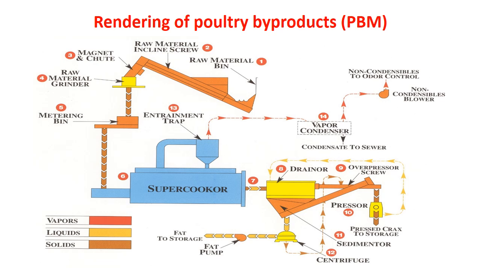So in this diagram we can see the flow of operations in a continuous method of dry rendering, especially here we are discussing the mixed poultry byproducts, or sometimes after processing everything together we can get a meal that is called poultry byproducts meal.